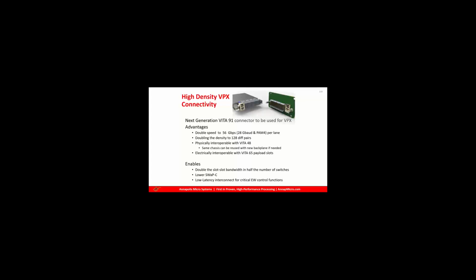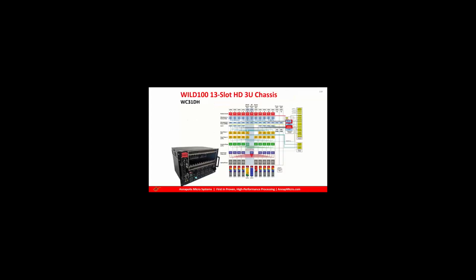If we go to the next slide, show one of the first chassis that's being released is this one. So that's a 13 slot backplane. So it has 8 payload slots, which are these first 4 and these next 4. So that's where you put your processing cards, 2 power supplies, clock slot here.